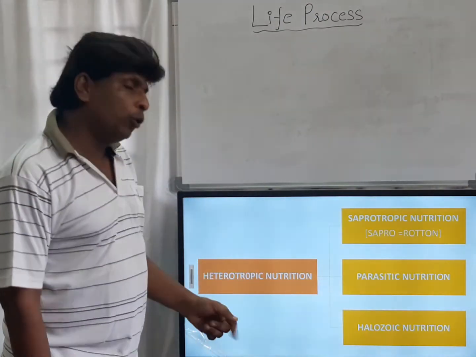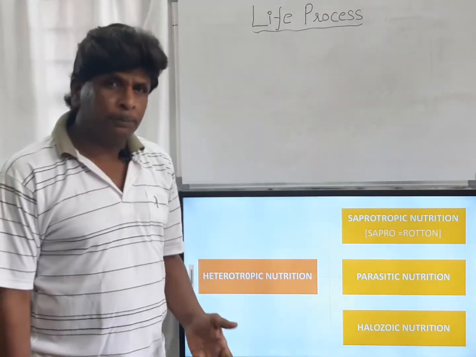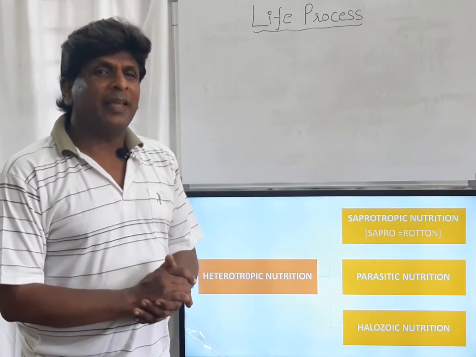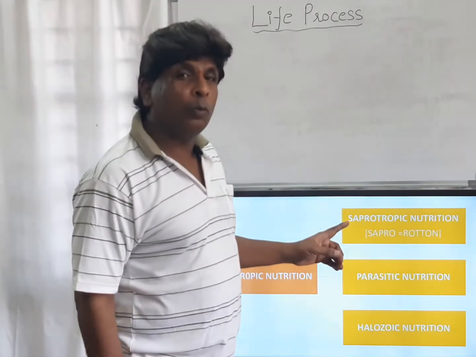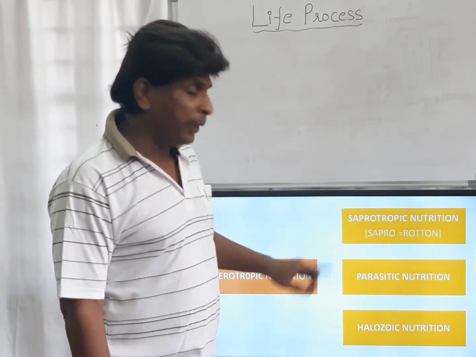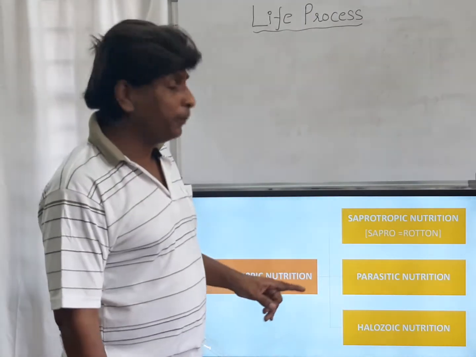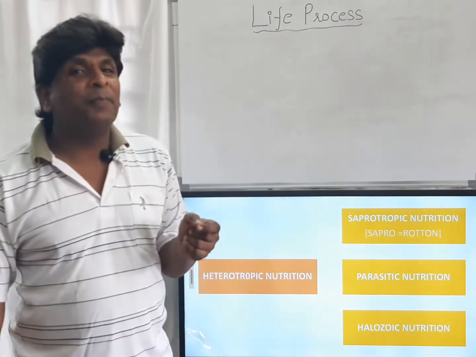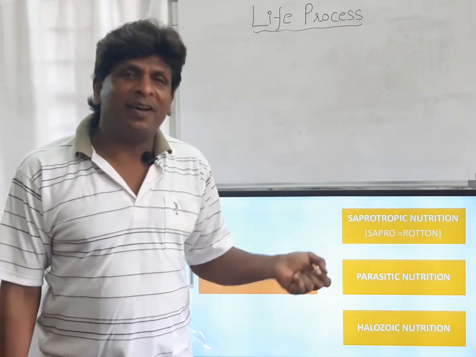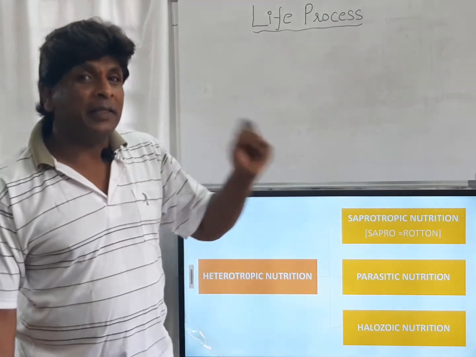In heterotrophic nutrition we have studied three types of mode of nutrition. First, saprotrophic nutrition, which is for organisms that depend on dead animals and dead tissues.